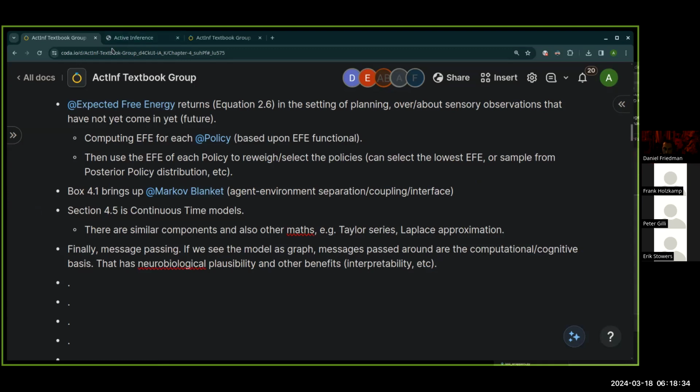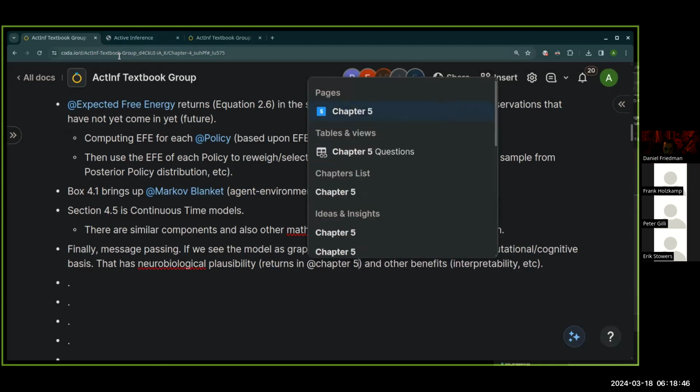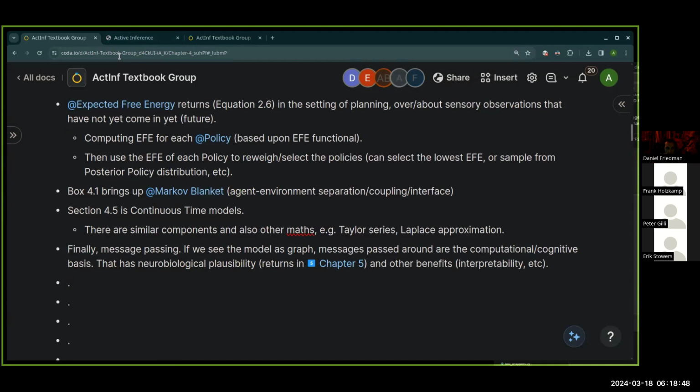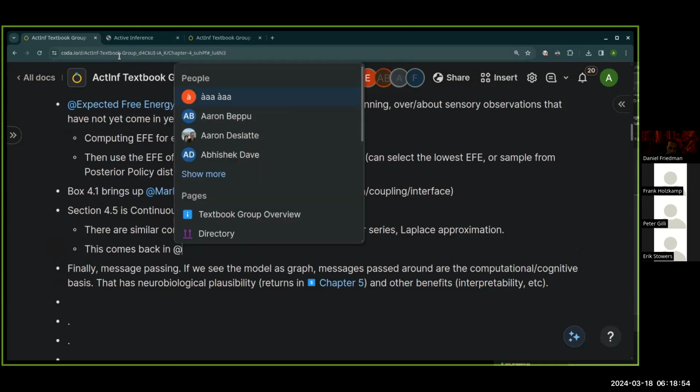I would also recommend to anyone more interested in planning in these discrete time models with the A and B and C and D components and so on, if you want to skip ahead to chapter 7, that chapter is entirely centered on discrete time models.